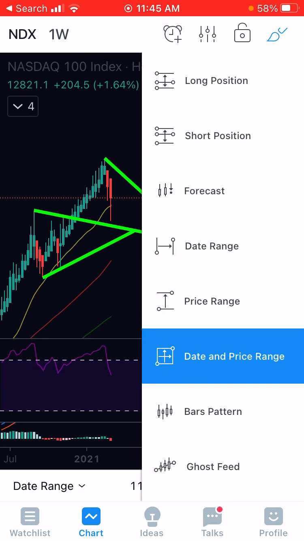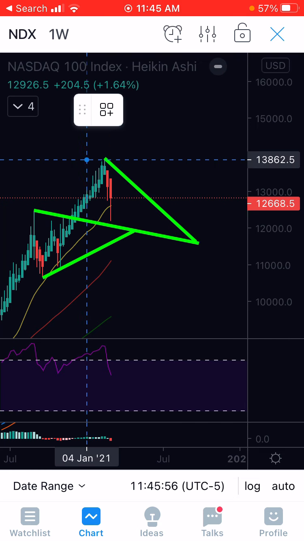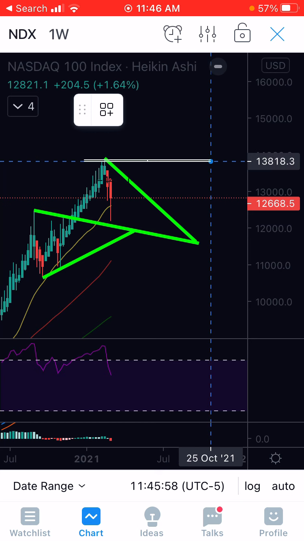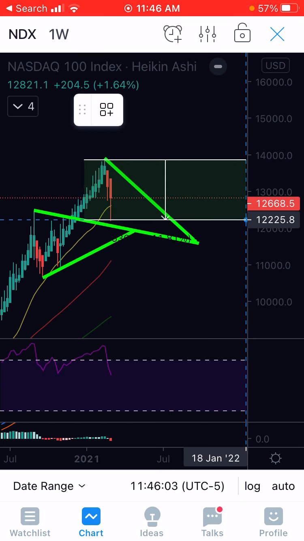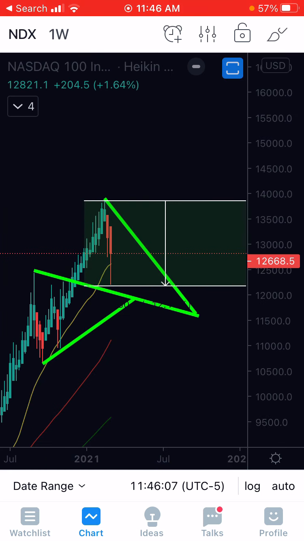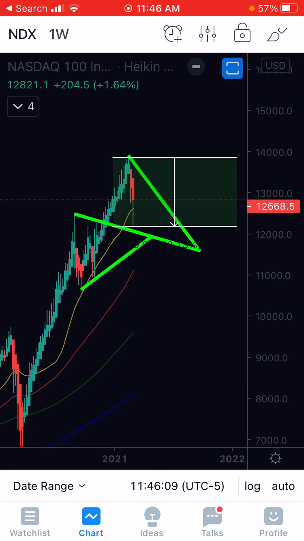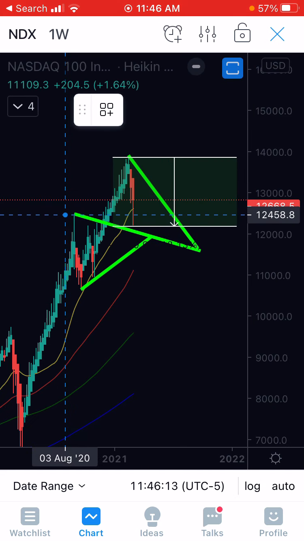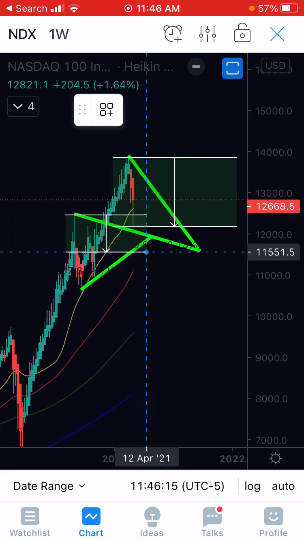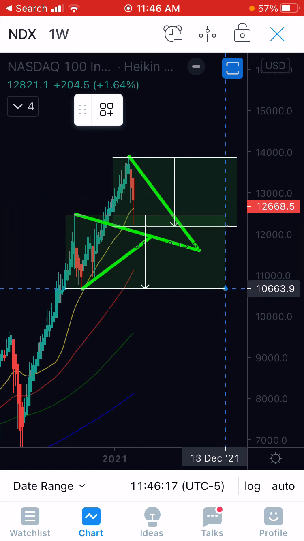But we're definitely going to keep this in mind here, that right now, this is our resistance. And as of right now, this is our support. Same with prior. This was our resistance. This was our support.